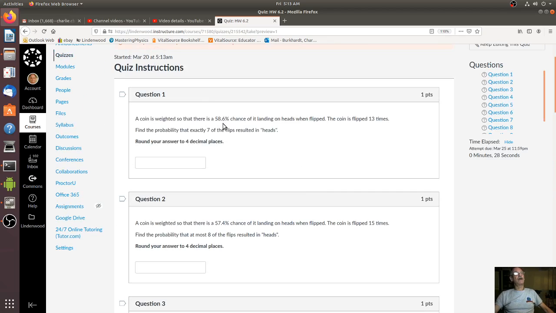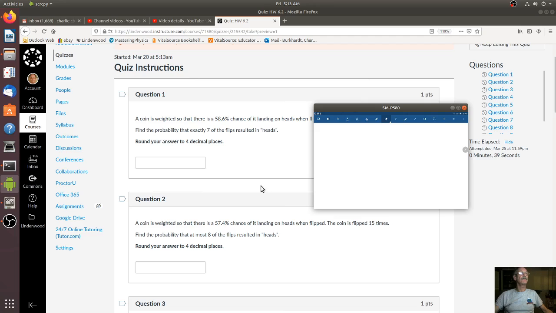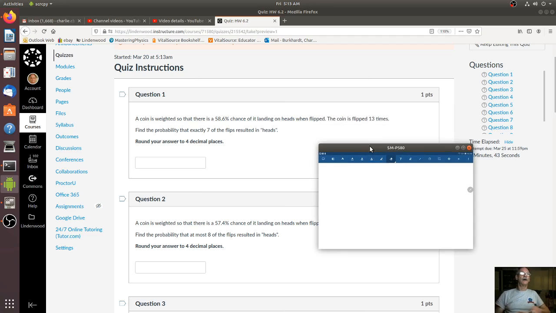A coin is weighted so that there's a 58.6% chance of it landing on heads. Here, this is a probability of success or failure. These are all binomial. We're going to use the binomial PDF or the binomial CDF to do all these problems.